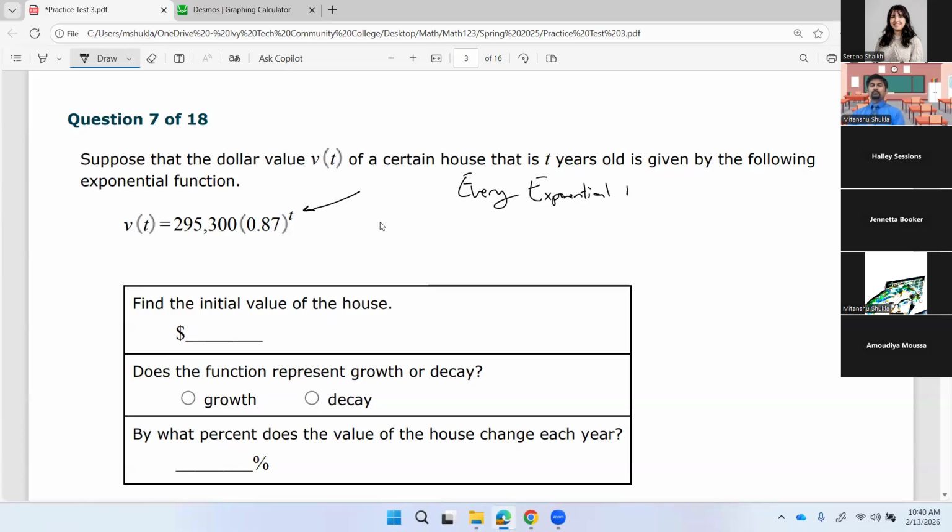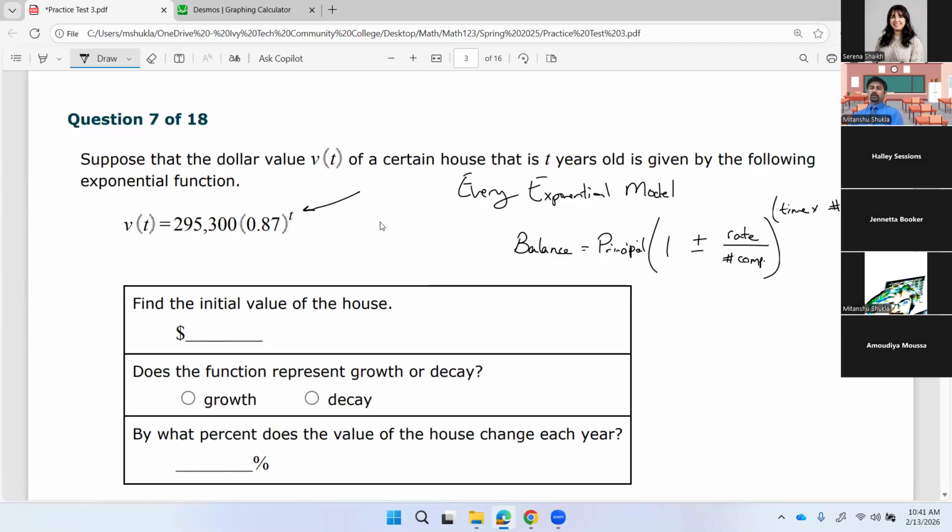for our purposes, is going to look like some balance is equal to some starting amount, or my principal, times, in parentheses, 1 plus or minus some percent rate of change divided by the number of times I compounded that rate, raised to the time times the number of times I compounded.